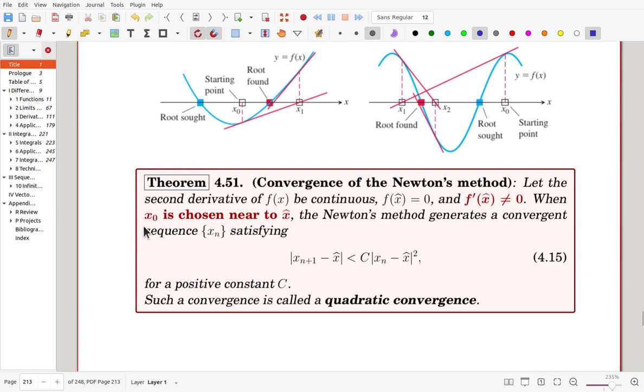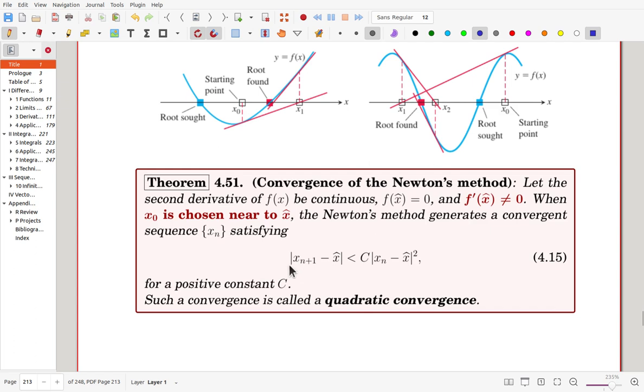And we may assume that at the root, f prime is non-zero also. Another condition is that x0 is chosen near x hat. We cannot say how near, however, there is always a neighborhood around x hat such that once you choose x0 inside the neighborhood of x hat, the Newton method generates a convergent sequence satisfying this inequality.